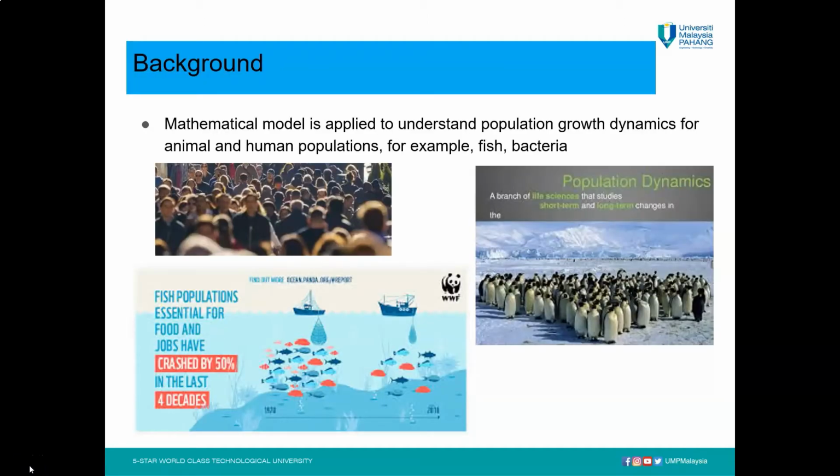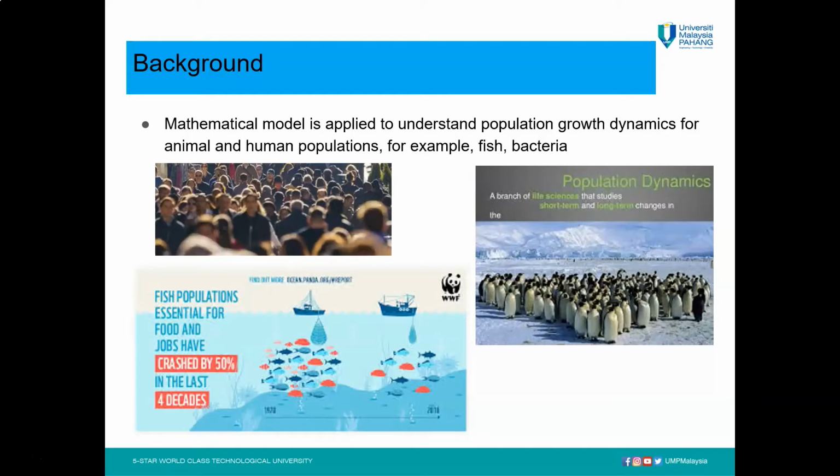Background of the study. Mathematical model is applied to understand population growth dynamics for animal and human populations, for example, fish, bacteria, etc. In this model, we try to formulate the changes of population. We ask ourselves some big questions. Will the population increase?